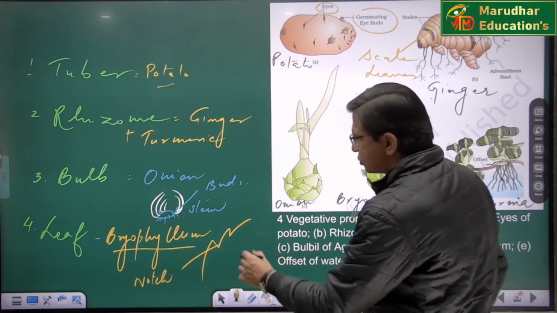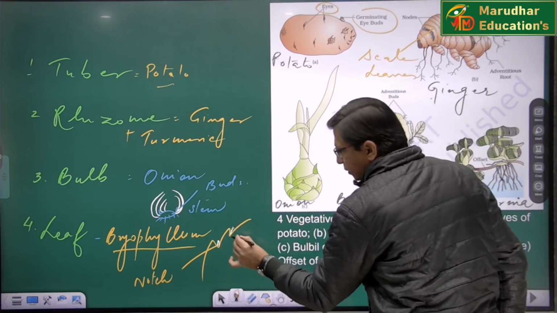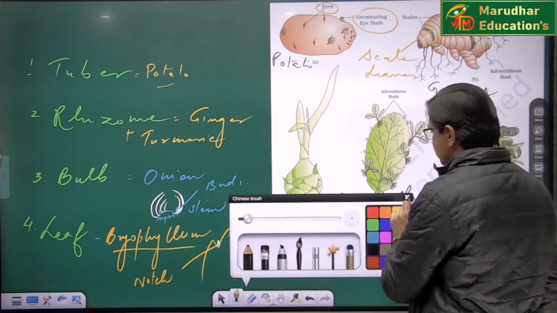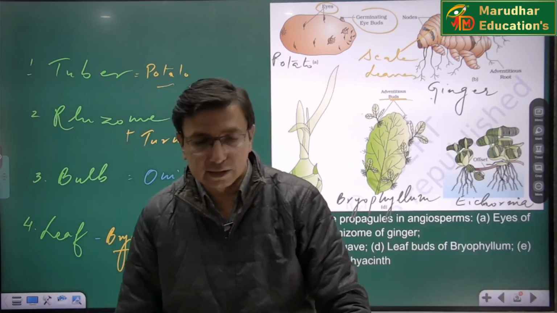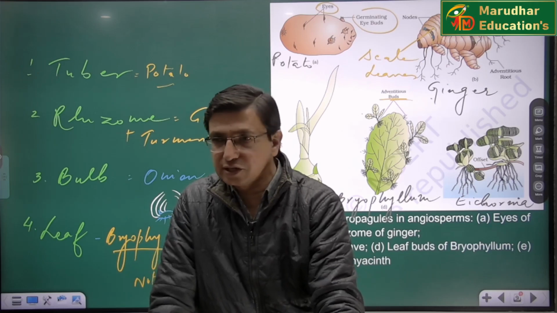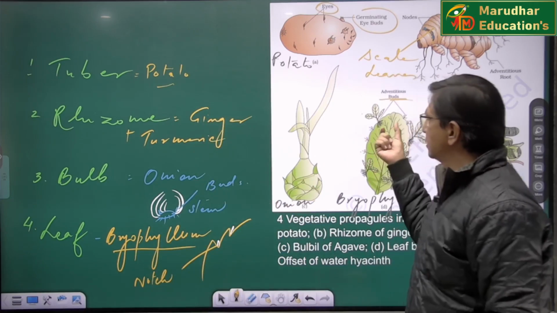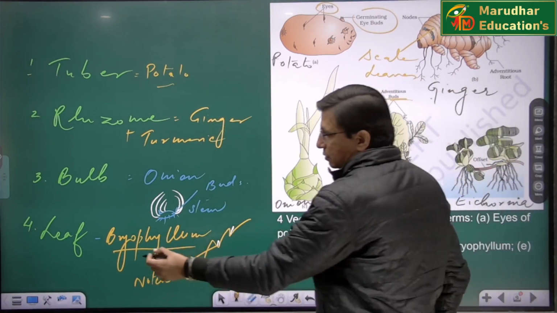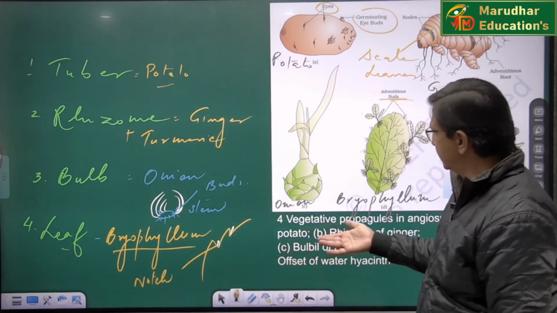And in the notch there is present an adventitious bud. These adventitious buds, when the leaf falls on the ground and the ground provides what? Humidity, favorable temperature, favorable conditions for the bud to grow. Every adventitious bud can give rise to a new plant, right? So leaf as propagule, the example is bryophyllum, right?